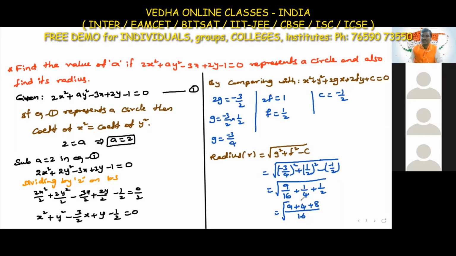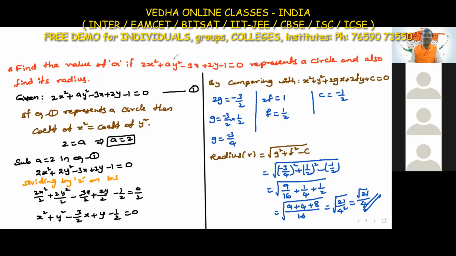So the total: 9 plus 4 is 13, 13 plus 8 is 21, divided by 16. We can write 16 as 4 square. That means root 21 divided by 4. This is the required radius of the circle.